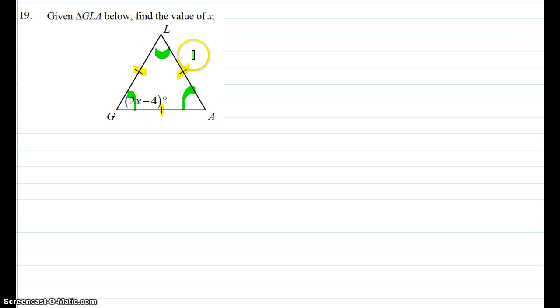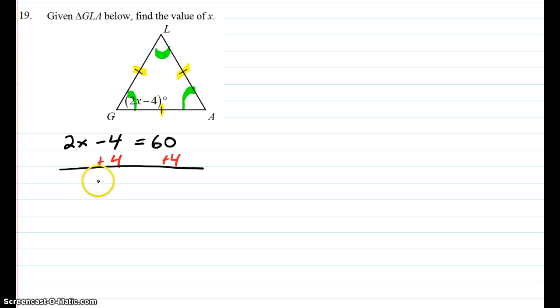If they're the same and they add up to 180, each angle is 60 degrees. So we can take a little shortcut and just write 2x minus 4 is equal to 60 and solve that. So we add 4, and we get 2x equals 64. Divide both sides by 2, and that gives us x equals 32.